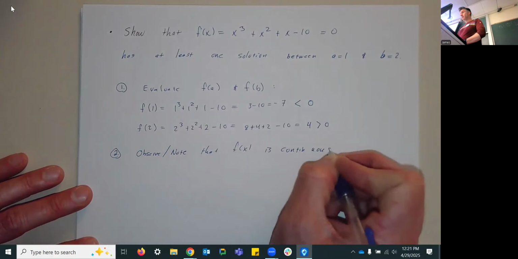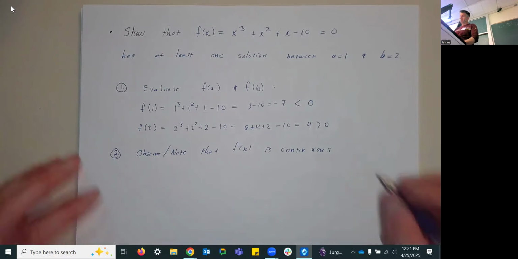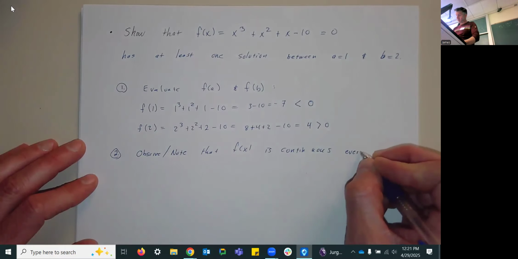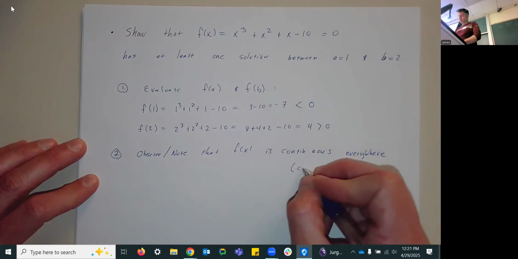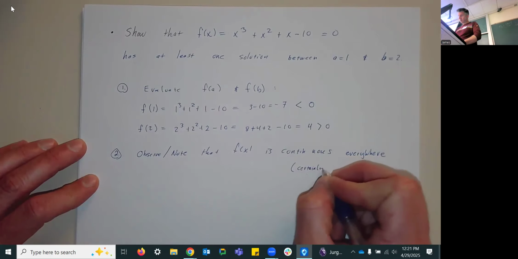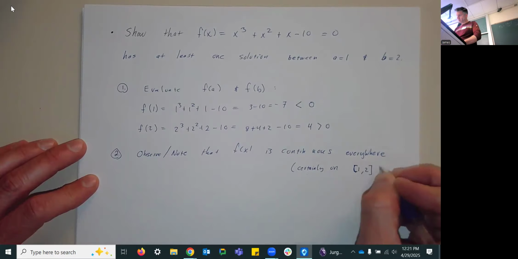It only needs to be continuous on the interval we're working over, but it's welcome to be continuous on a bigger domain. This function is continuous everywhere because it's a polynomial, but certainly on the interval from 1 to 2.